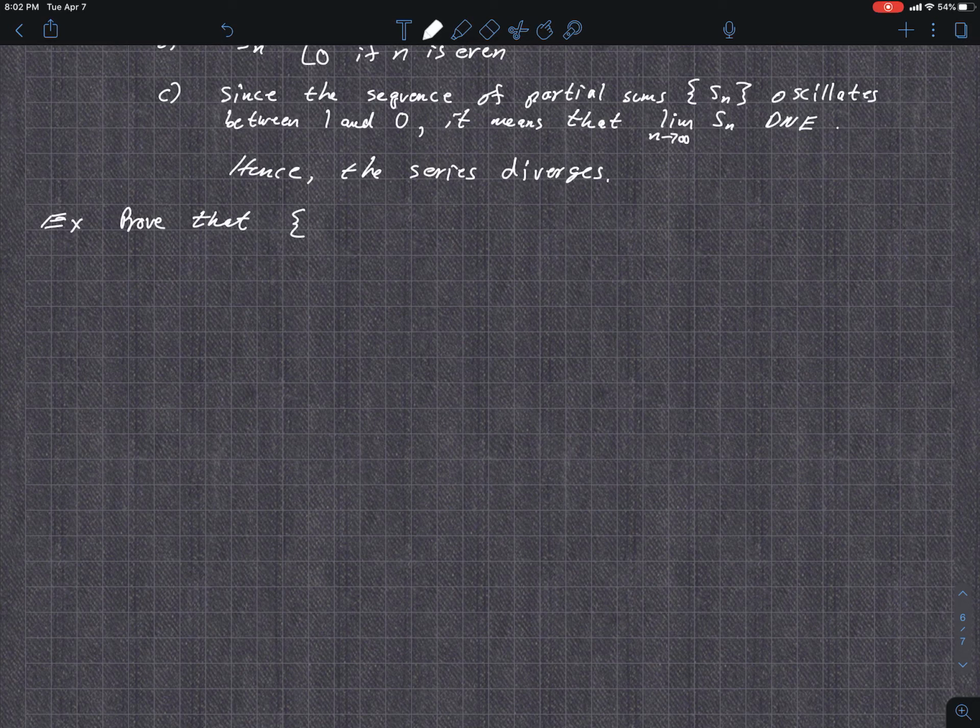Prove that the series 1 over n diverges.